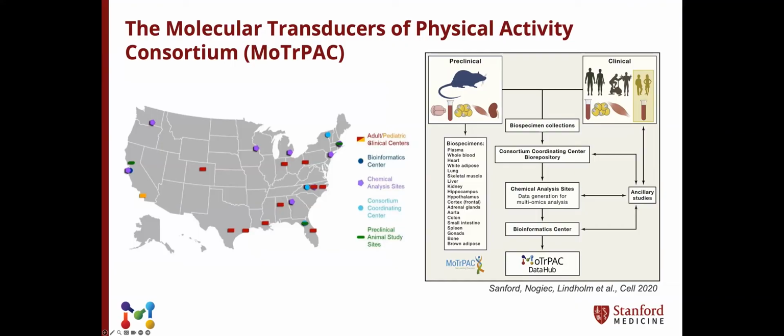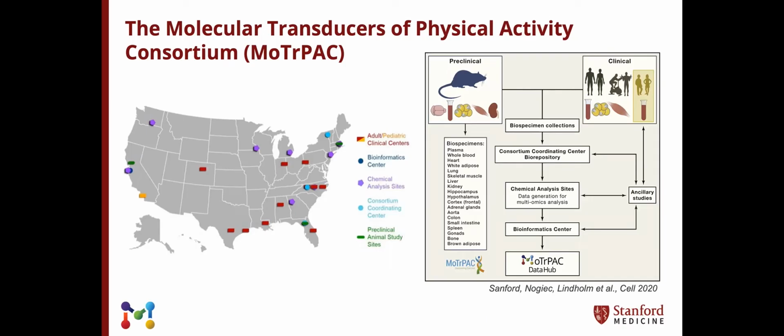So the red here are the clinical sites that are recruiting the human subjects, and there's also a pediatric site for pediatric participants. And then there are a lot of different chemical analysis sites that run the many different assays that we do in MoTrPAC to investigate all of these different omes.